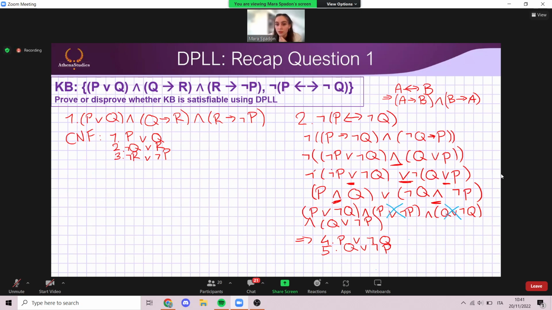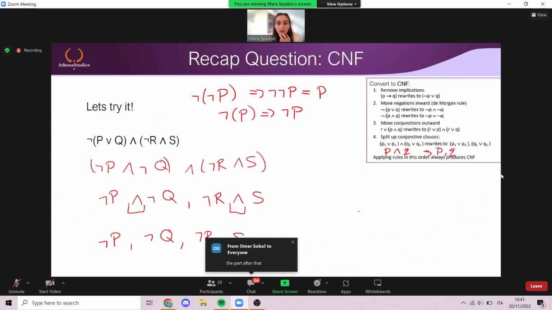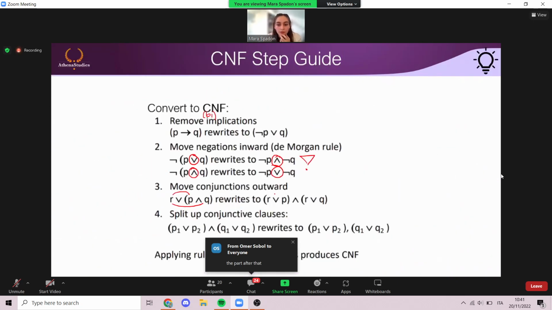Okay, so every time you're multiplying times -1, as you said, you swap this one. The part after that, that is this one. So you have the or is kind of the multiplier in this case. So you do r times p with the or, and you do r times q with the or.